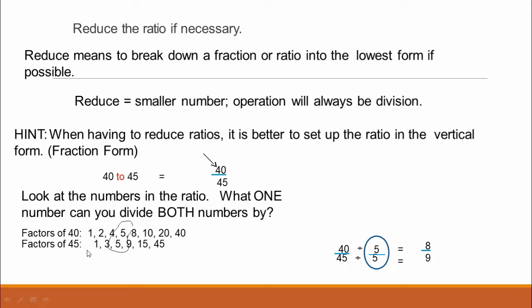Similarly, 45 is divisible by 1, 3, 5, 9, 15 and 45. So in these factors, there is one common factor, which is 5. So simplify this ratio by 5: divide 40 by 5 and divide 45 by 5. We obtain the simplest form of this ratio, 8 by 9. This is called reducing the ratio.